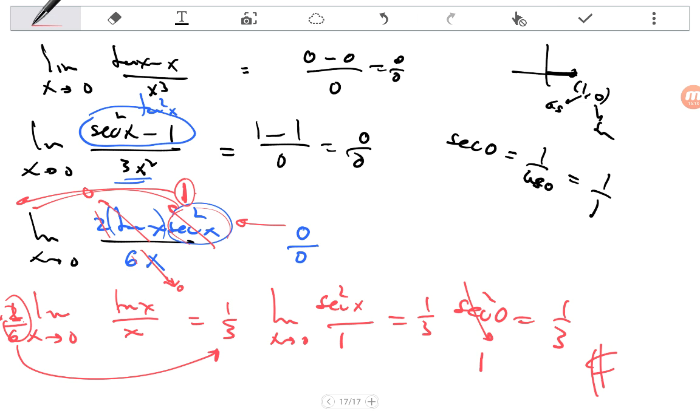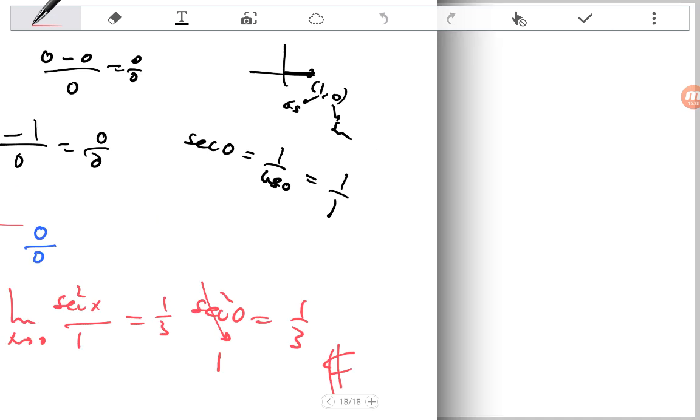Okay, so I may use L'Hopital's rule again and again whenever I have an indeterminate quantity. Okay, let's check that other problem. If I have limit x approaching infinity of e power x over x squared. Now let's make a direct substitution.